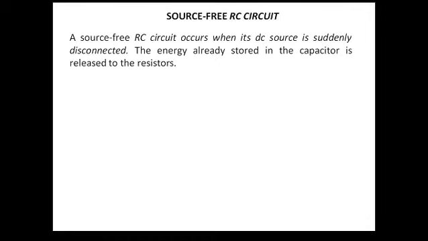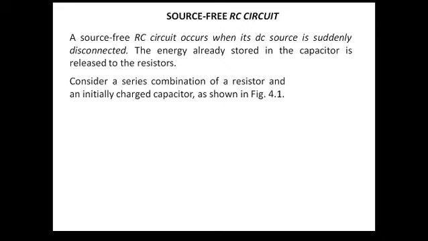A source free RC circuit occurs when its DC source is suddenly disconnected. When it is disconnected, at that time only it acts. The energy already stored in the capacitor is released to the resistors. Resistors do not have the capability of storing.